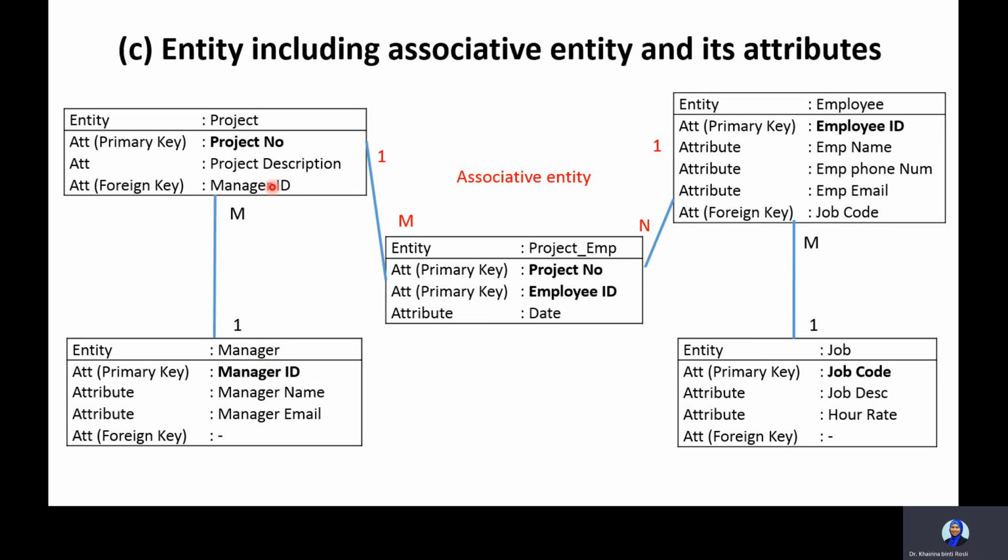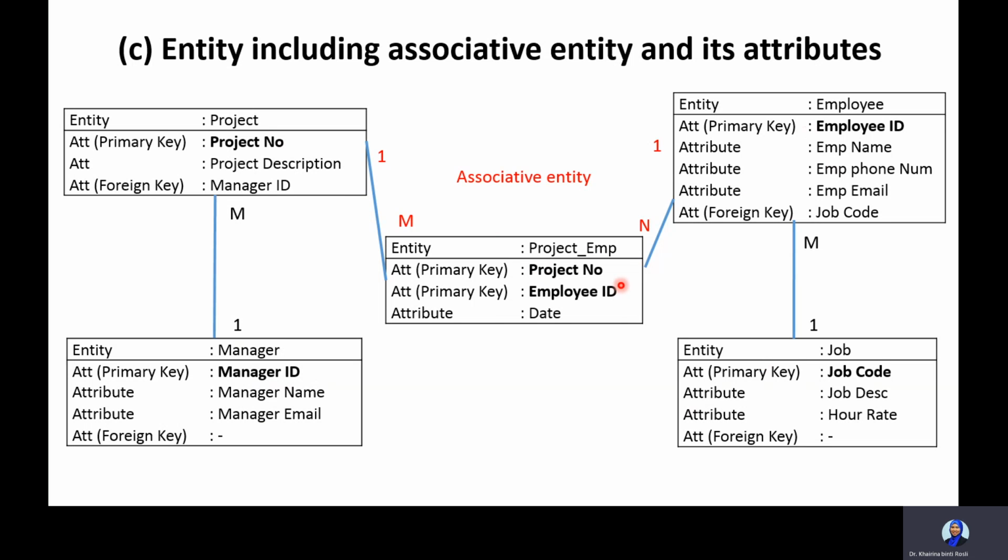Okay, what about the associative entity? For the project employee entity just now, we take the project number to become its primary key, and we take the employee ID to become its primary key.